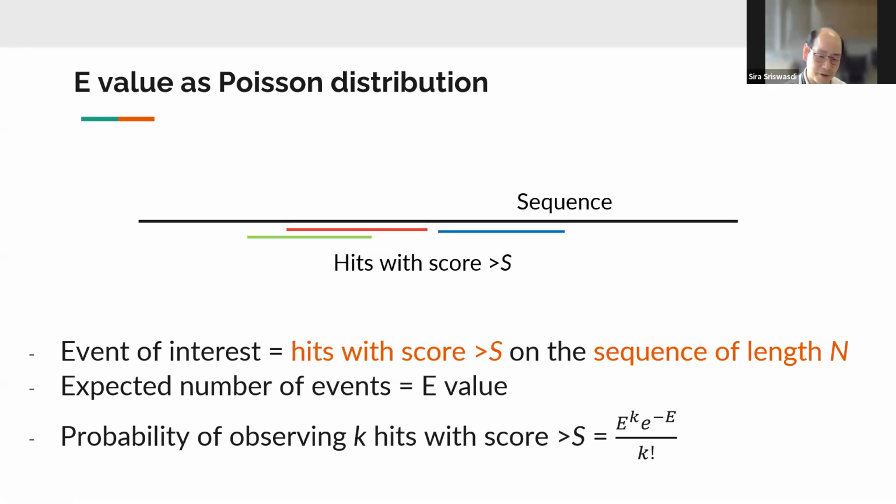So for now, I just want you to know that we can actually model the sequence alignment score, the e-value, using a distribution that all of you have seen before. Basically, the statistics that we use in bioinformatics and computational biology is not that scary. It's something that you already know, but applied in a different setting.